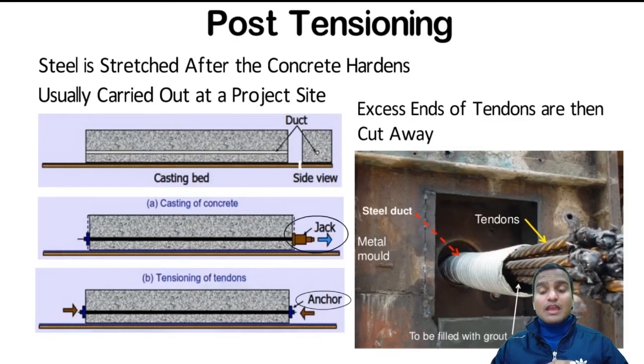And we can take a group of cables also, different numbers of cables like 12, 15, or 20 cables, as per the need. Sometimes the duct may have to be filled with grout. Either we can fill the duct with grout and then remove the jacks, or if we are not going to fill the duct, then we have to keep the jack installed there.